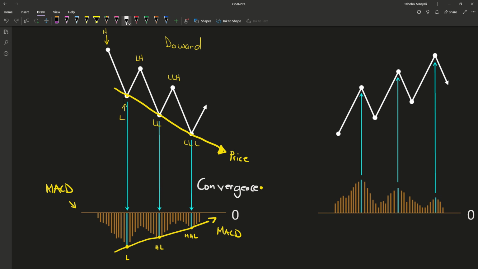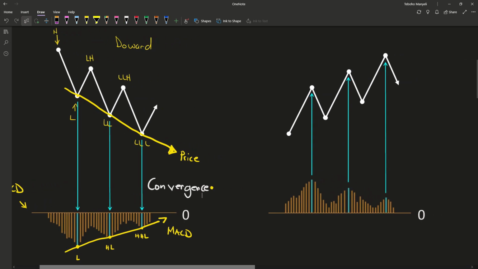Okay, so what's happening here on the right is literally the opposite of what just happened here. So in this case, the market is going upwards, right, which simply means we're creating a low, and then we create a high, and then we create a higher low and a higher high, then we create a higher low, and we create a higher high.